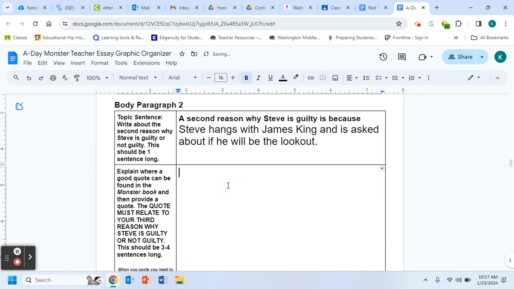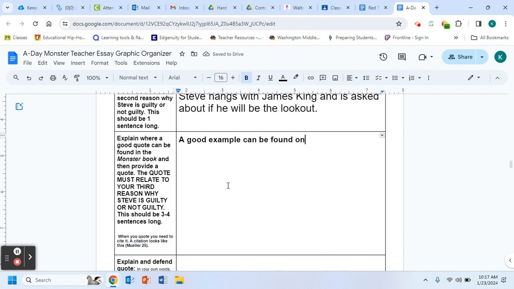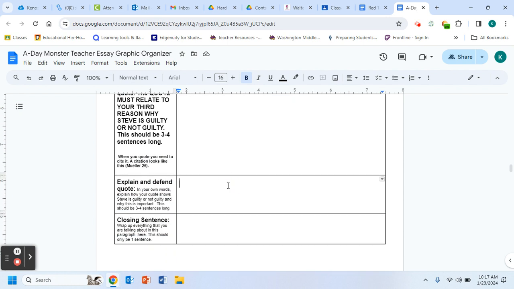Okay, and then I'm going to leave it like that so you can figure it out. And then I'm going to leave this part blank because you need to explain it yourself.